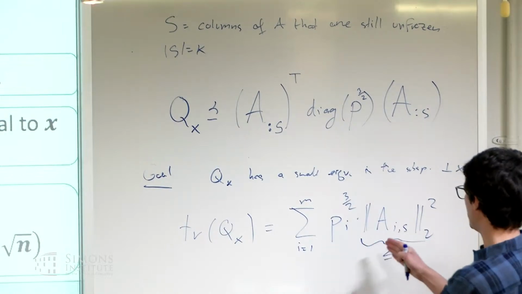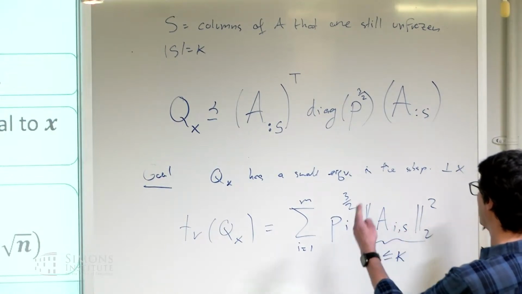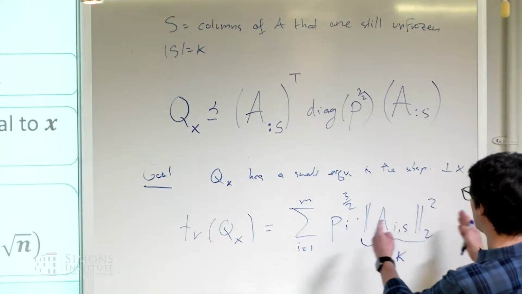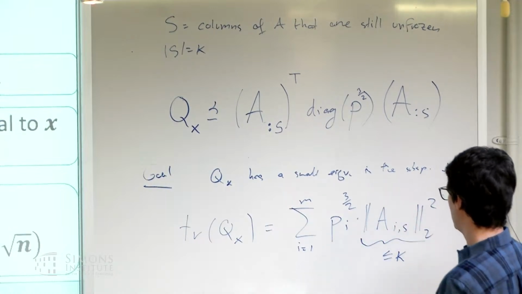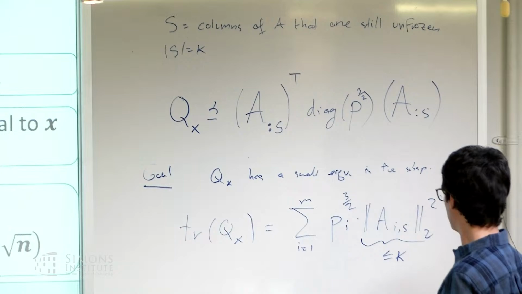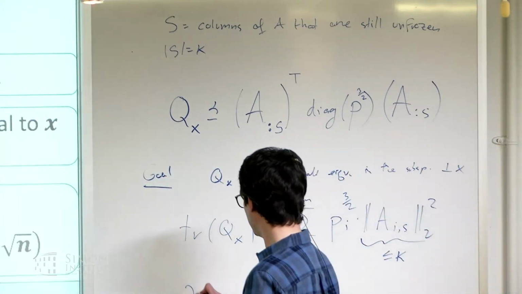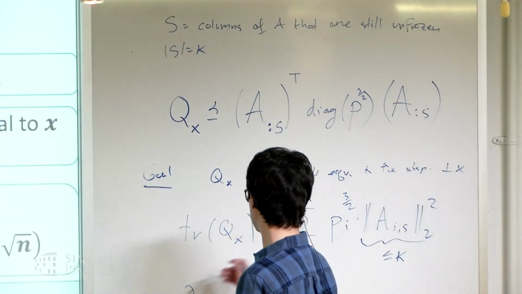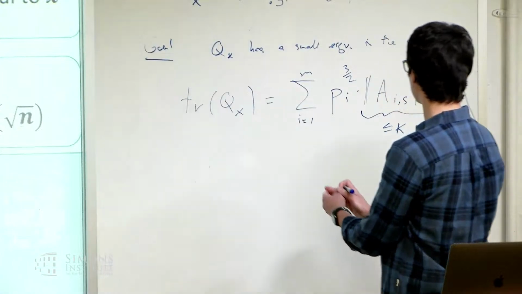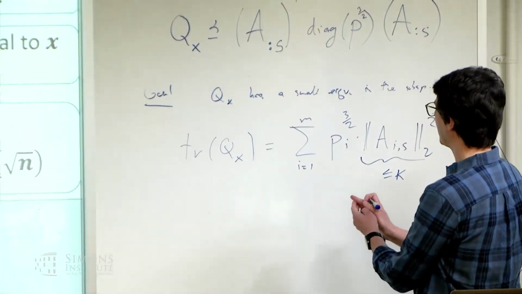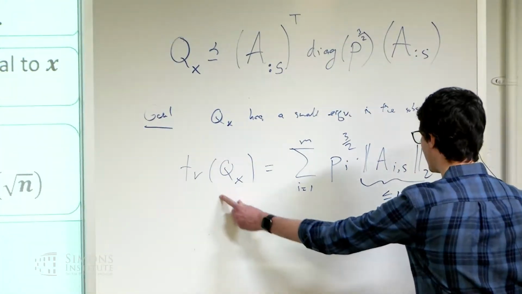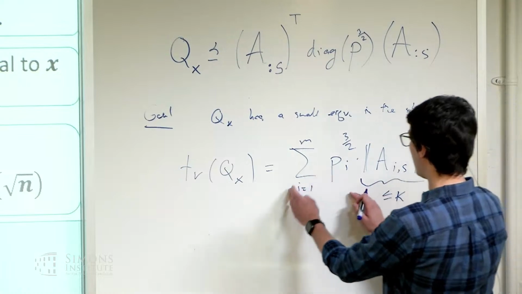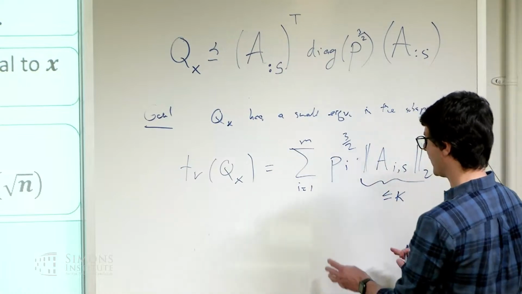It's just a vector that has entries at most 1, which has dimension k. So this tells me that not only the smallest eigenvalue, but half of the eigenvalues of this guy are going to be at most order trace over k.